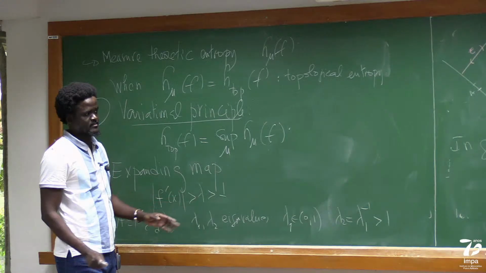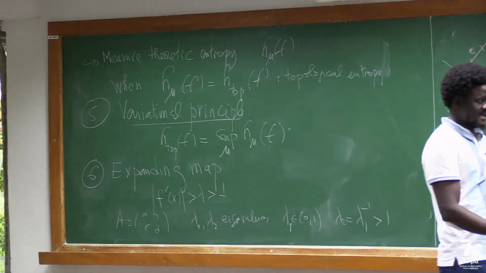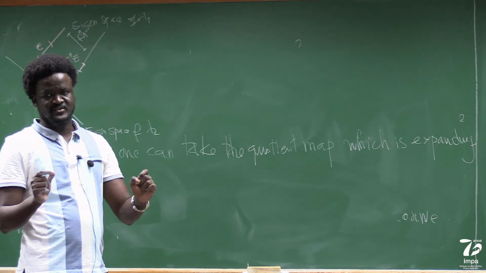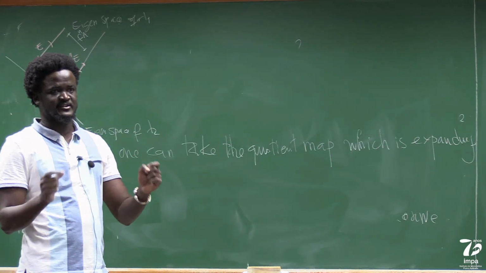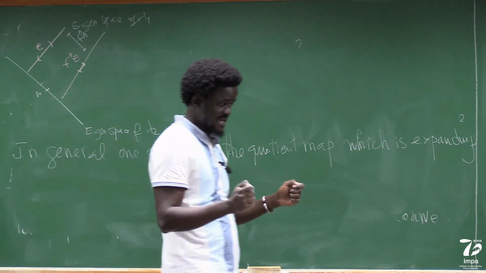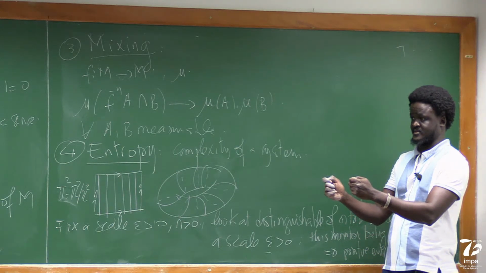What happens for the quotient map, how to find invariant measures, ergodicity, and stuff. So everything is relying on the direction that creates problems, which is the expanding direction, the direction that makes the system chaotic. This is the direction that makes the orbits separate.